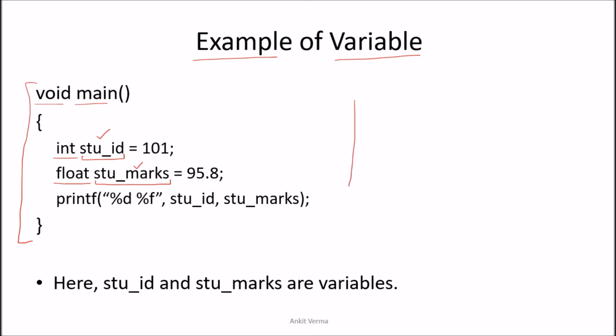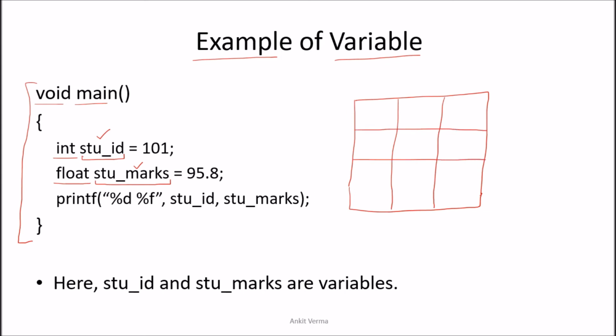If we actually look into the system, then this is a memory, and in this memory we have different blocks. We are not going into the discussion of whether the blocks are of similar size, but for the sake of learning we are assuming that int and float occupy a block, even though their sizes are different. So let us suppose that for int stu_id this block is reserved, and the name given is stu_id.